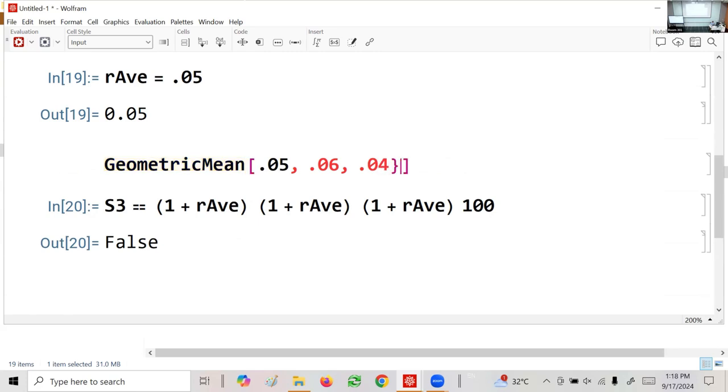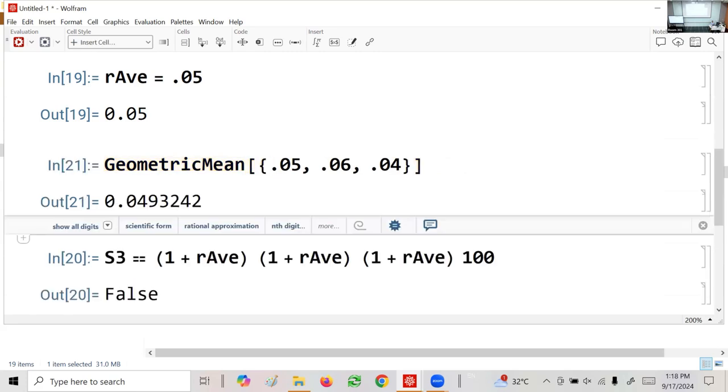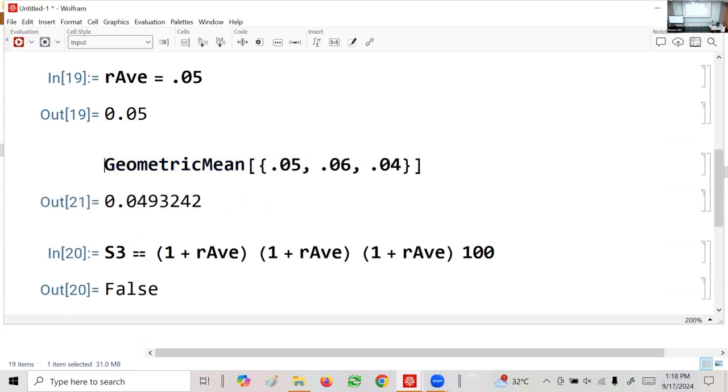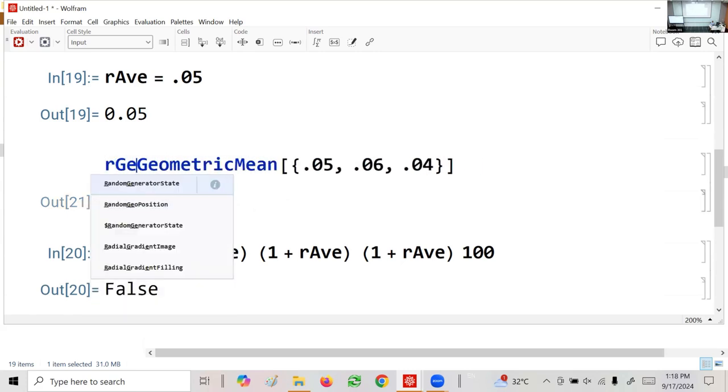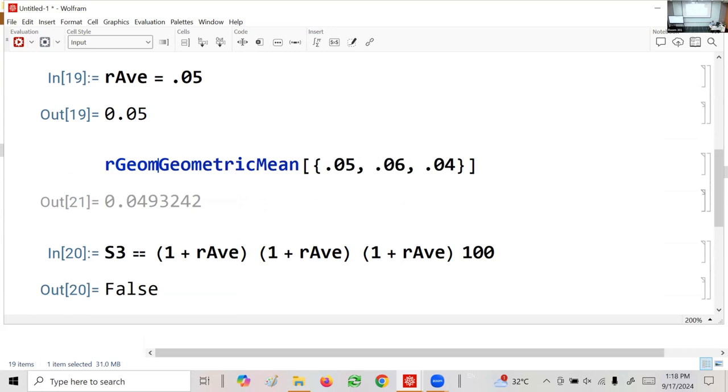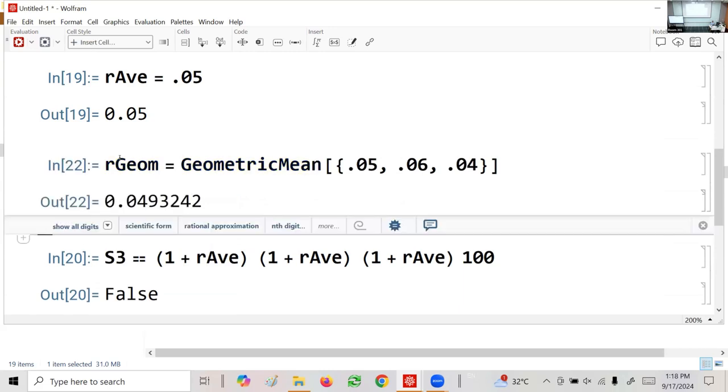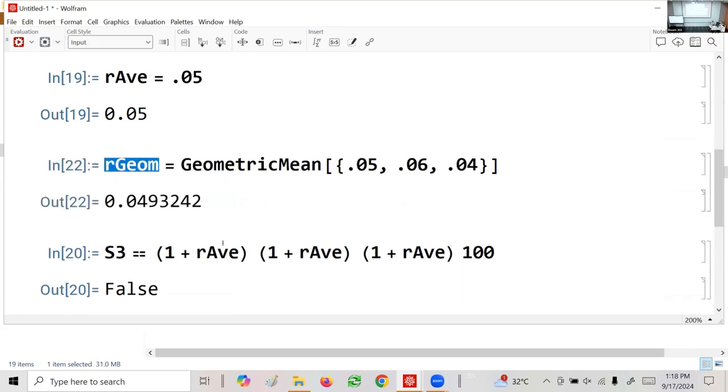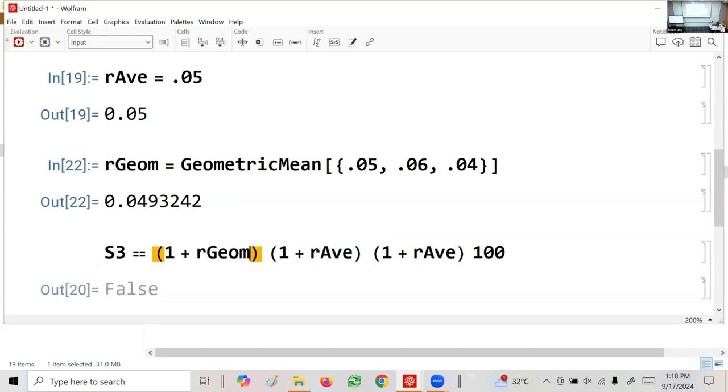Okay. Actually, if you did this, our geometric means, okay, and you did this, then it's correct.